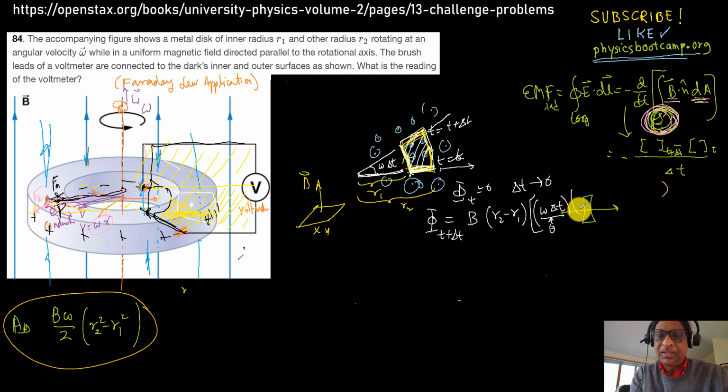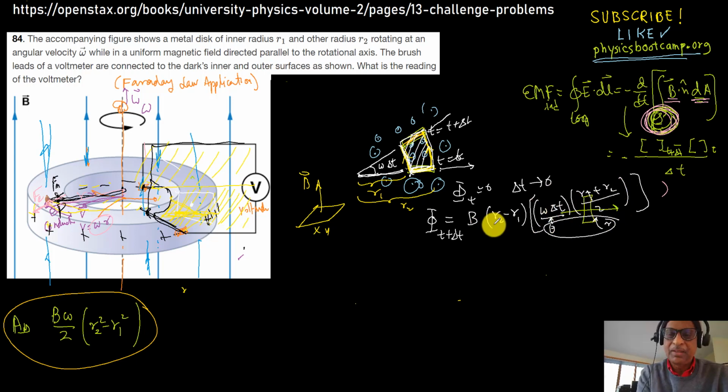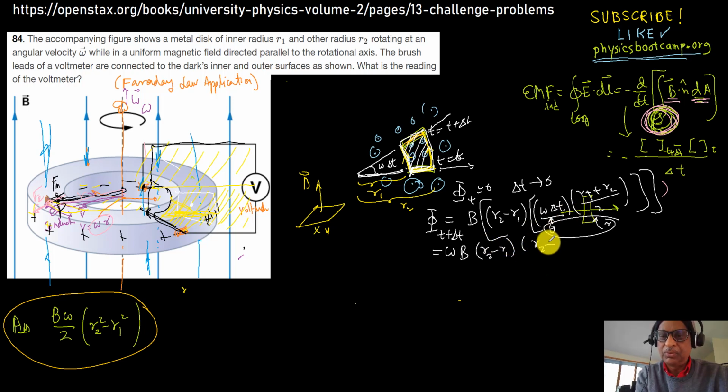And times the average of these two, r1 plus r2 over 2. So omega r theta, that's the distance. So this will be the area, and so we get B times omega times (r2 minus r1) times (r2 plus r1) over 2 times delta t.